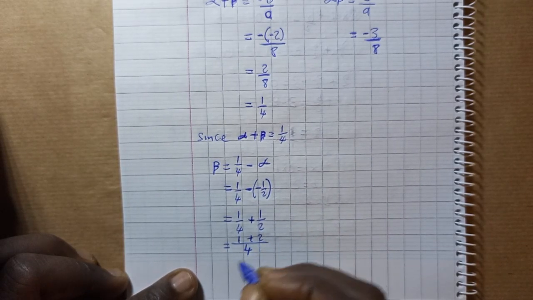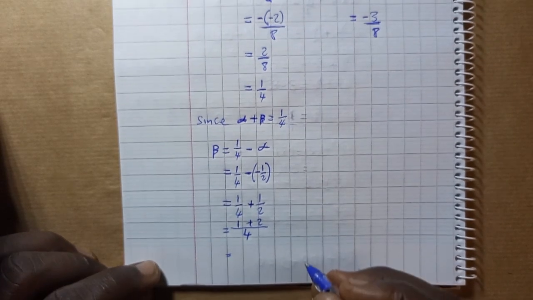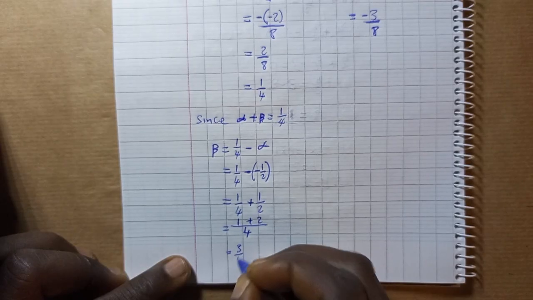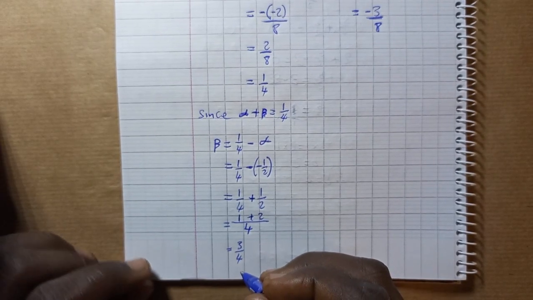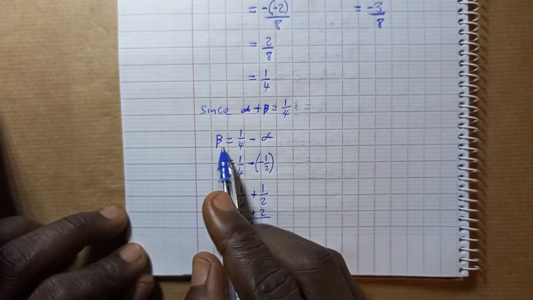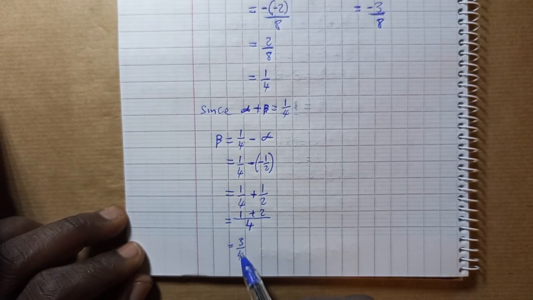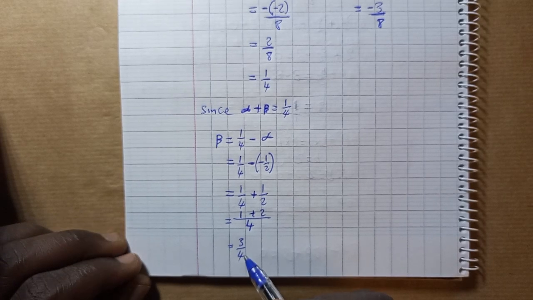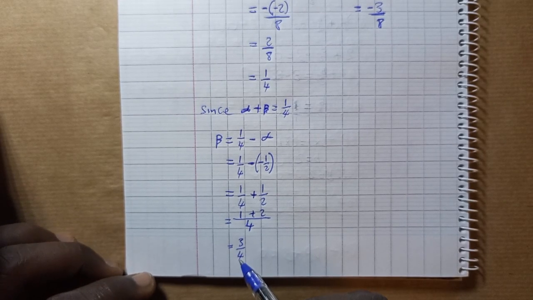So this plus this, 1 plus 2, gives 3 over 4. So the value of beta, that is the second root from the equation, is equal to 3 over 4. This is the solution to the B.